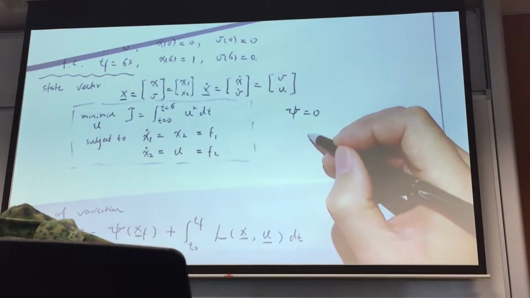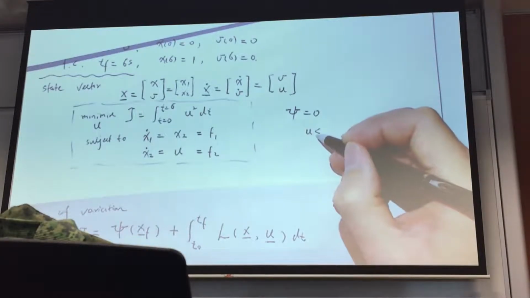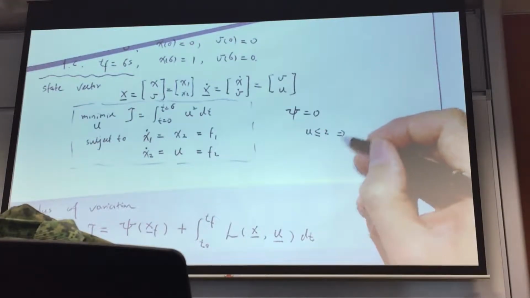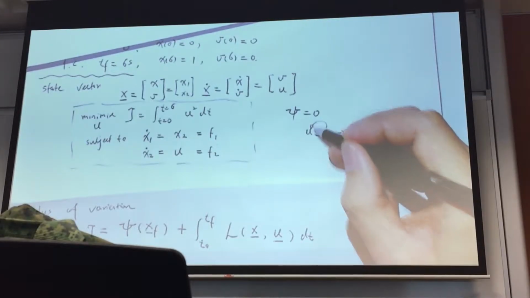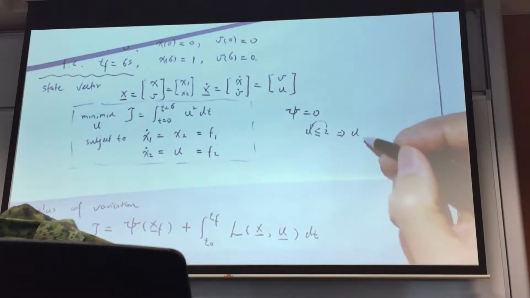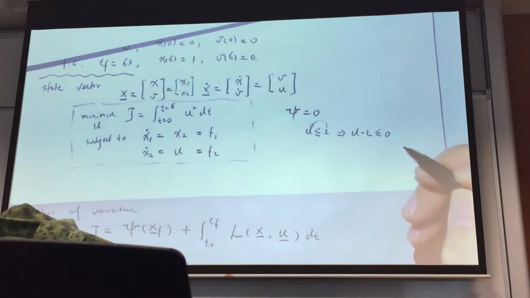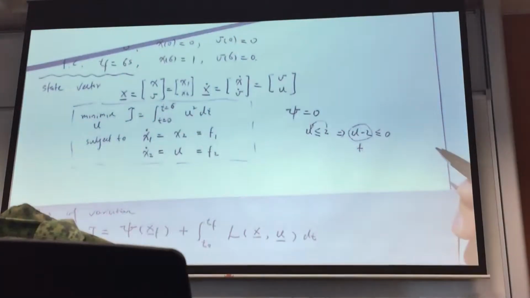For example, in the optimization problem, we have u smaller than or equal to 2. To deal with this, we need to shift u to the other side. So we have u minus 2 smaller than or equal to 0. So we define this one to be f.